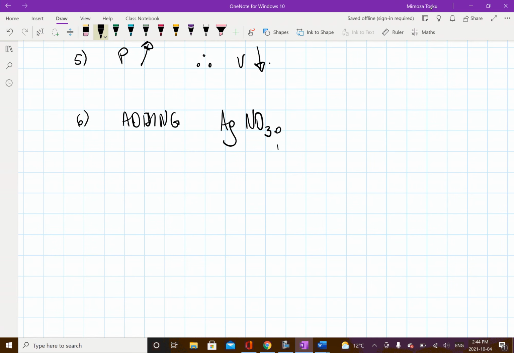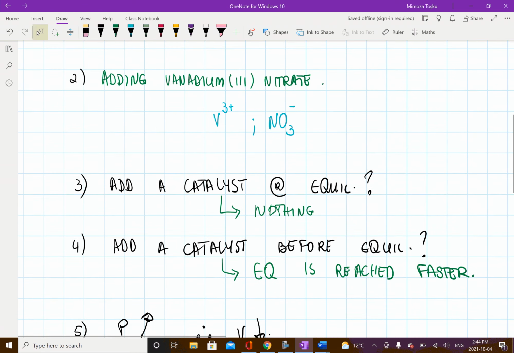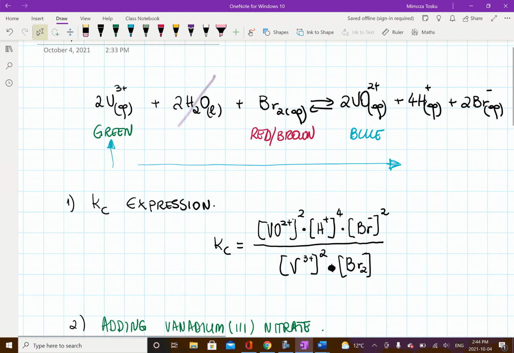When we add silver nitrate to the solution, what we actually have is two ions, a silver ion and nitrate, in aqueous solution. Being present in the solution, the silver ion will see if it can bond with other ions in the solution.